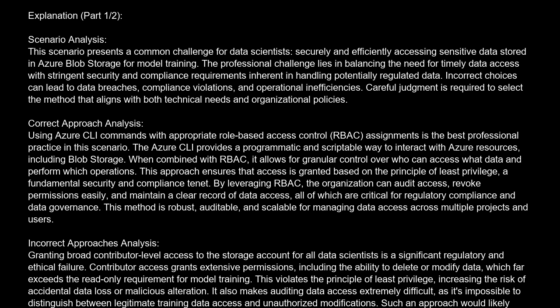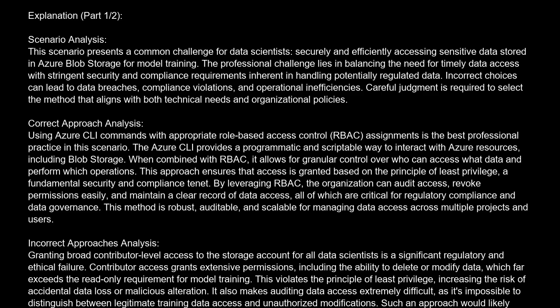Correct approach analysis. Using Azure CLI commands with appropriate role-based access control (RBAC) assignments is the best professional practice in this scenario. The Azure CLI provides a programmatic and scriptable way to interact with Azure resources, including blob storage. When combined with RBAC, it allows for granular control over who can access what data and perform which operations.